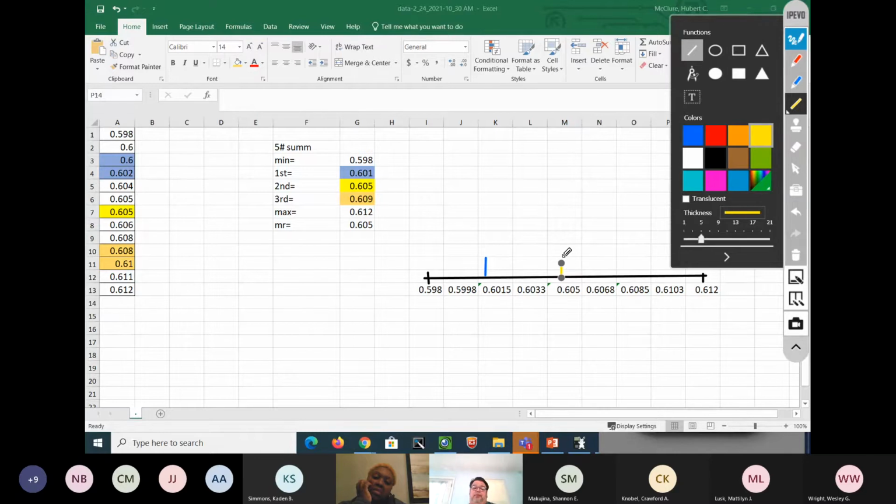That's not long enough, but it's hard to do with the mouse. Y'all don't laugh at me, I'm sensitive. And 0.609, right in there. And there is the box for my box plot.